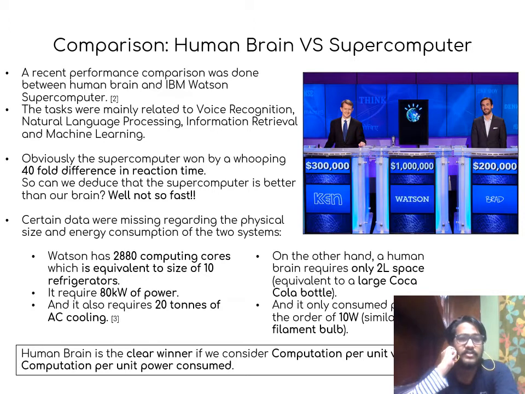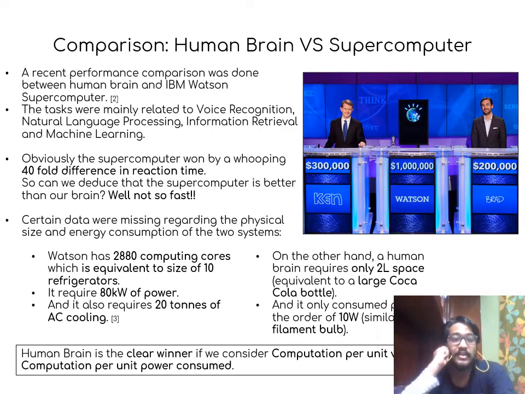A recent face-off happened in 2011 in the reality show Jeopardy, where the supercomputer IBM Watson was pitted against two human beings. They were given tasks mainly based on voice recognition, natural language processing, and information retrieval. While IBM Watson won by a whopping 40-fold difference in reaction time, there is certain information that we need to consider.